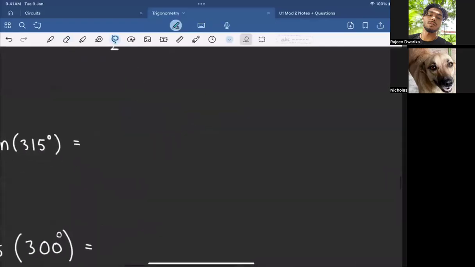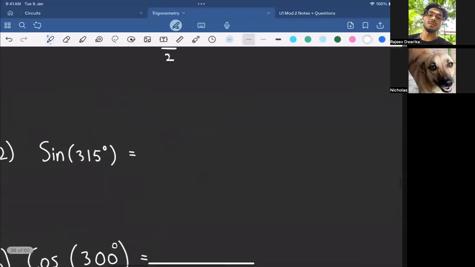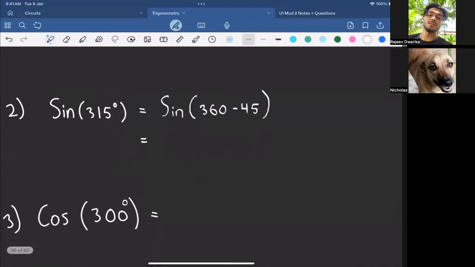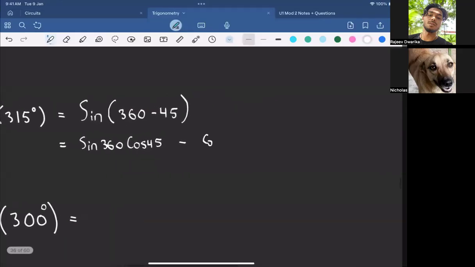Yeah. 360 minus 45. So that would be sine 360 cos 45 minus cos 360 sine 45.